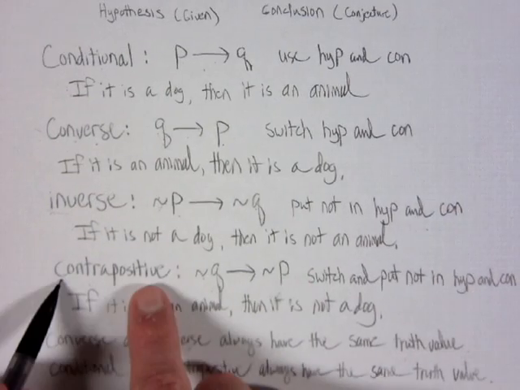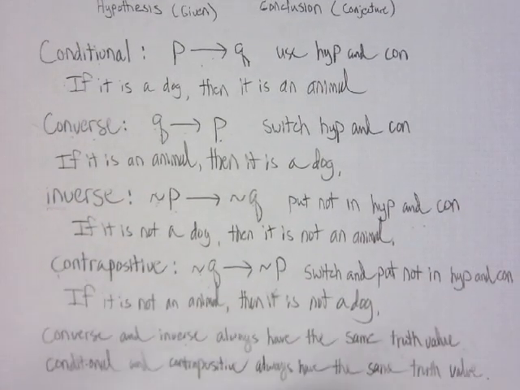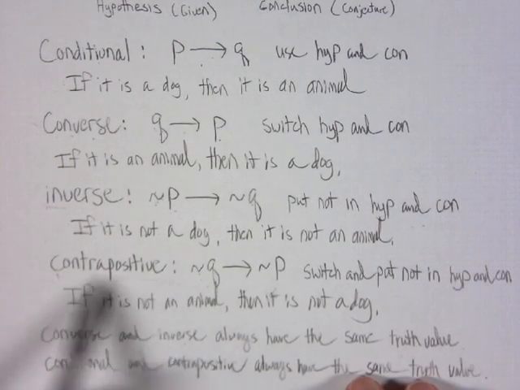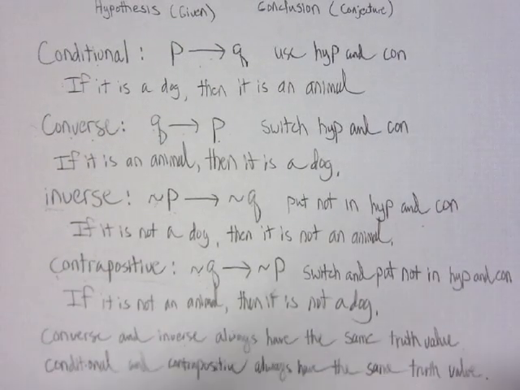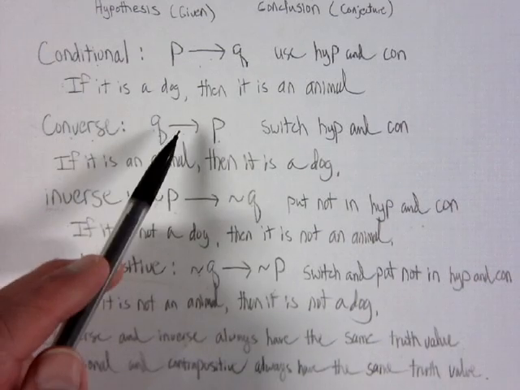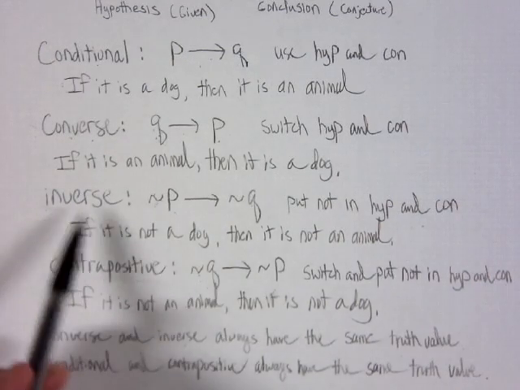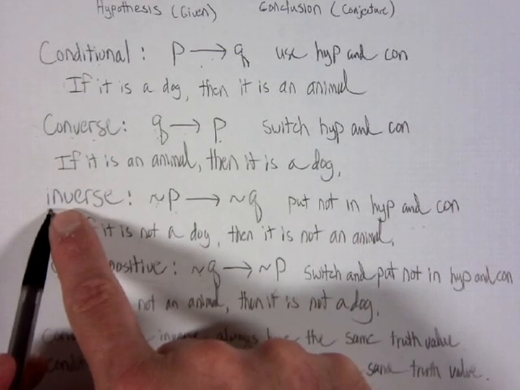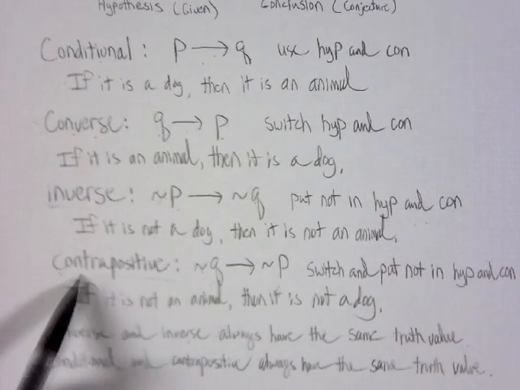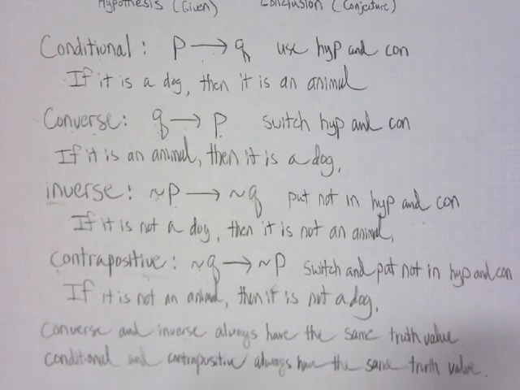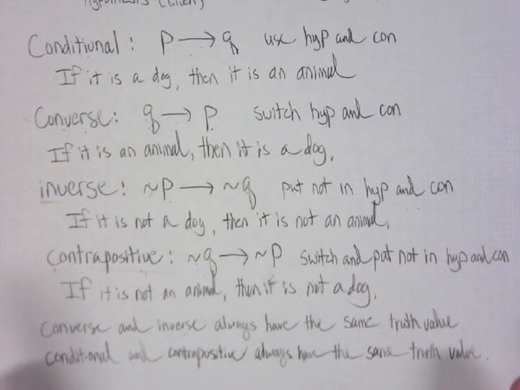Then contrapositive, you just have to remember it's both: switch and put not. It's the longest word, so it does everything. Converse, shoes on the wrong foot, switch them. Inverse, you put not into both of them. Contrapositive, you do both: you switch it and you put not. So that helps you memorize what to do.